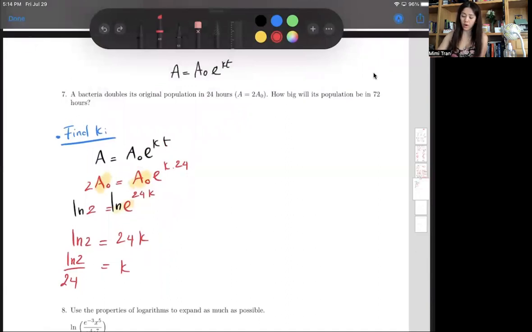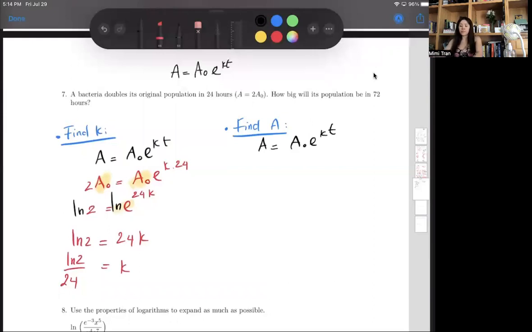So now another part is to find the final amount. A equals A naught e^(kt). Well, we know what k is now.